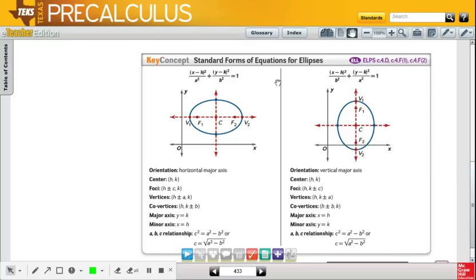If you cannot tell the difference, you won't know which formula to use, and you may end up with wrong answers, even though the algebraic skills behind it are pretty simple. If you find you used the wrong formulas, you would have to start over. So again, make sure to know the difference between the two equations in order to use the correct formulas for foci, vertices, co-vertices, major axis, and minor axis.